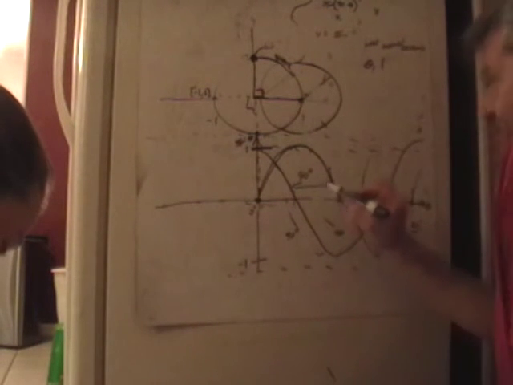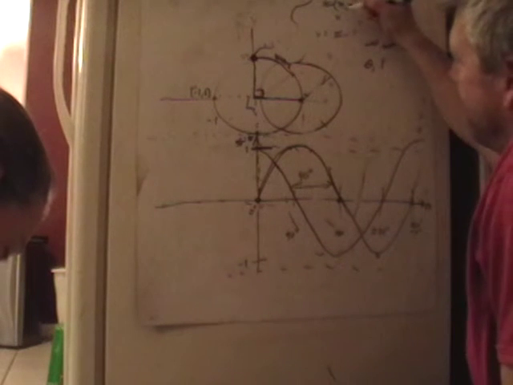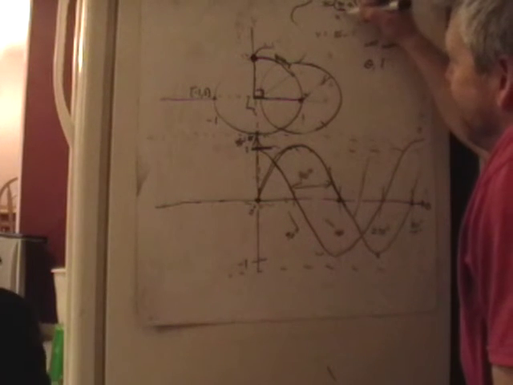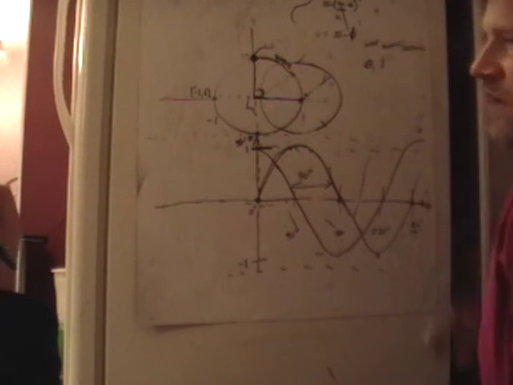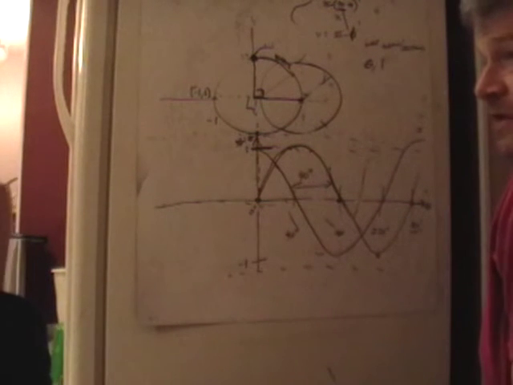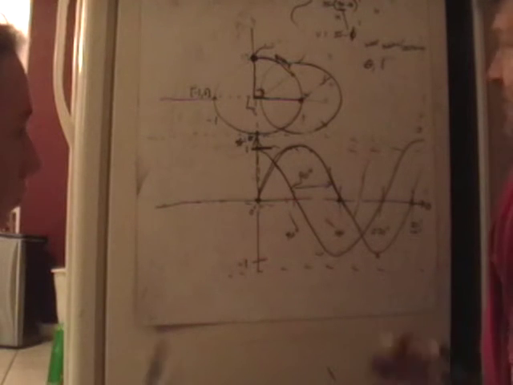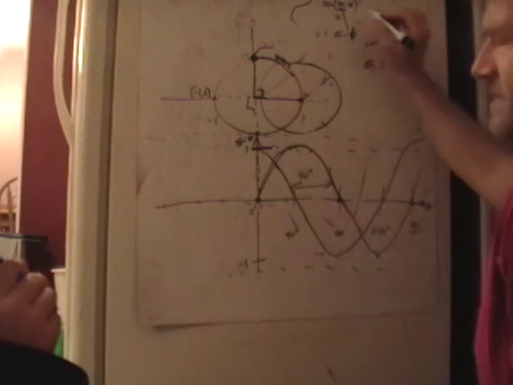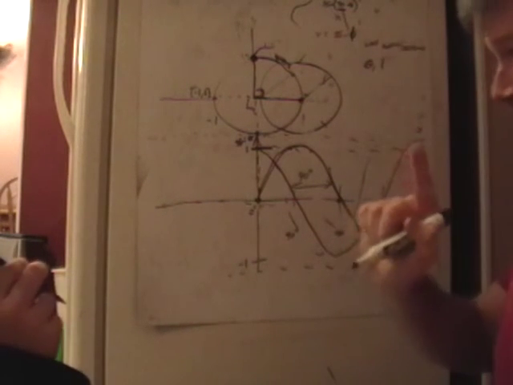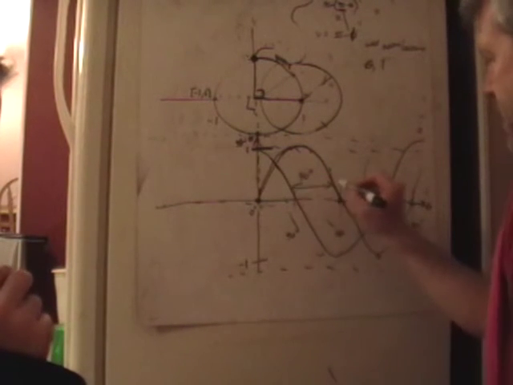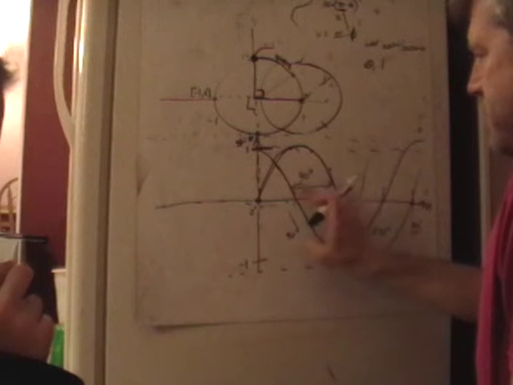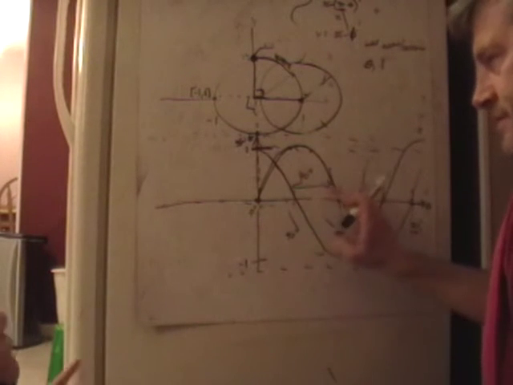This number right here, this 90, is often signified by the Greek letter phi. That's the phase. So this is going to become important in our talk later. A cosine and a sine are 90 degrees out of phase with each other.